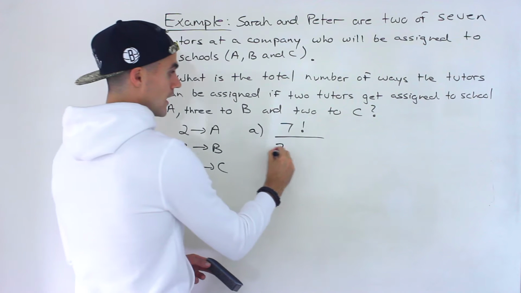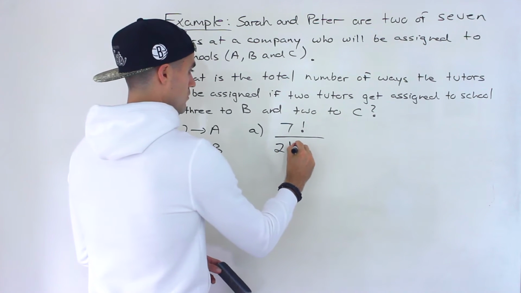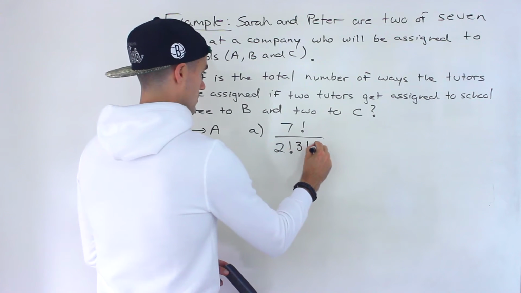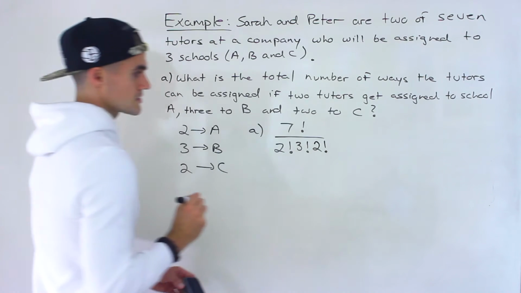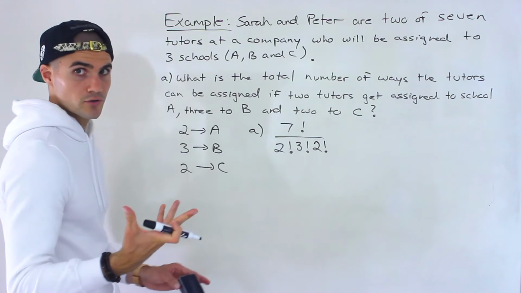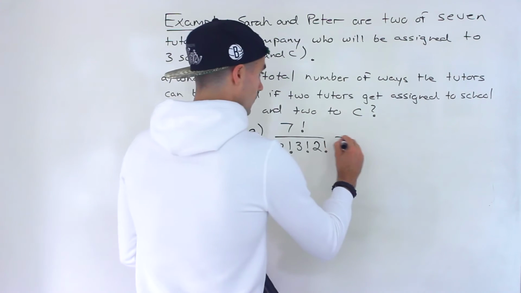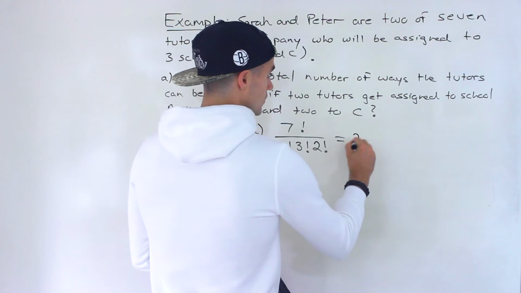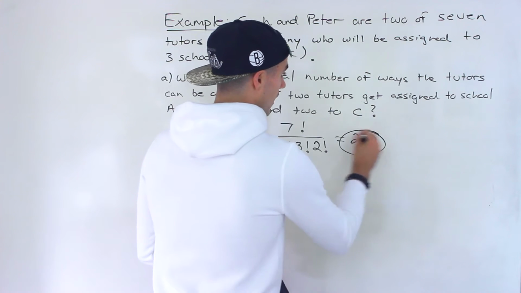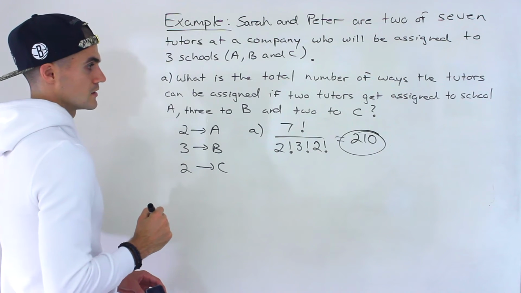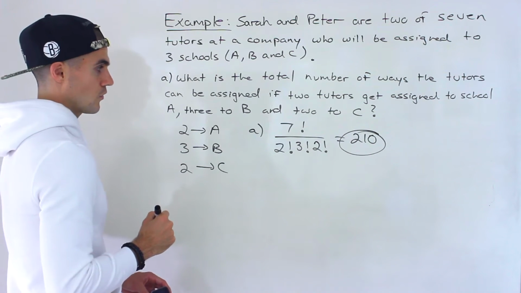So 2 have to go to A, 3 have to go to B, 2 have to go to C, right? So creating a multinomial coefficient over here. And then when you do this calculation, you'd end up getting 210. So that's the answer for part A.